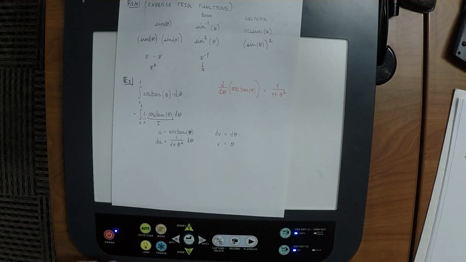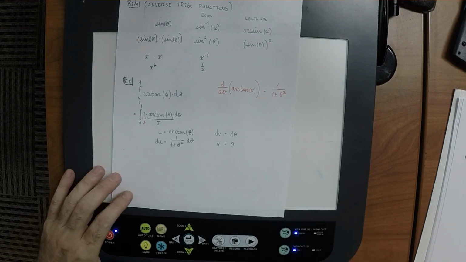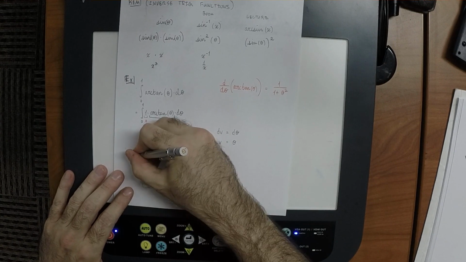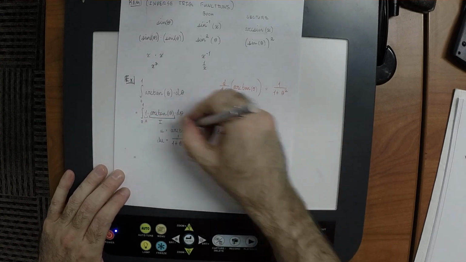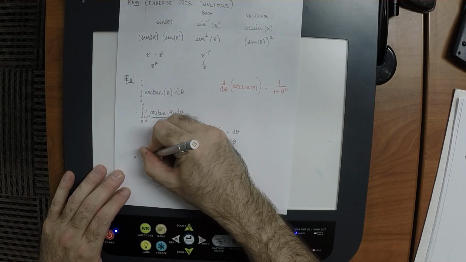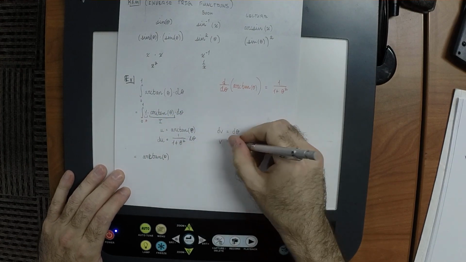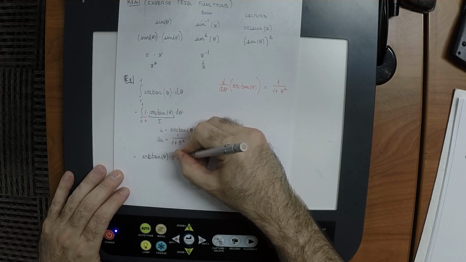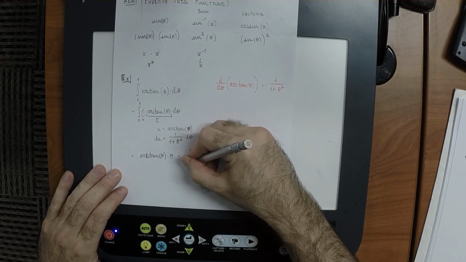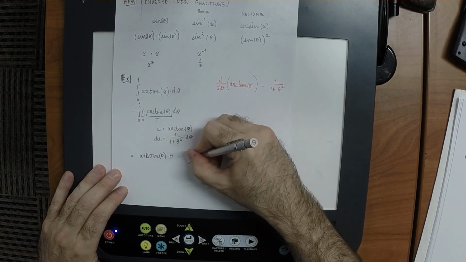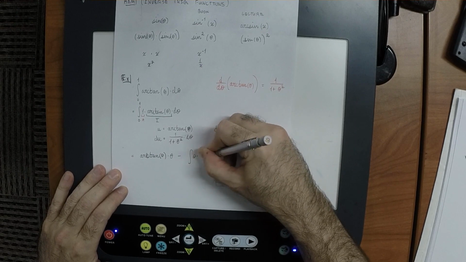Any questions so far? All right. Then the right-hand side of by parts is uv minus the antiderivative of v du, except now it's going to be an integral. So uv, arctangent of theta times theta, minus the integral of v du.